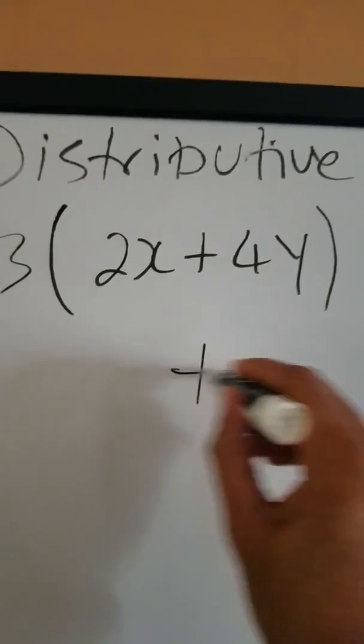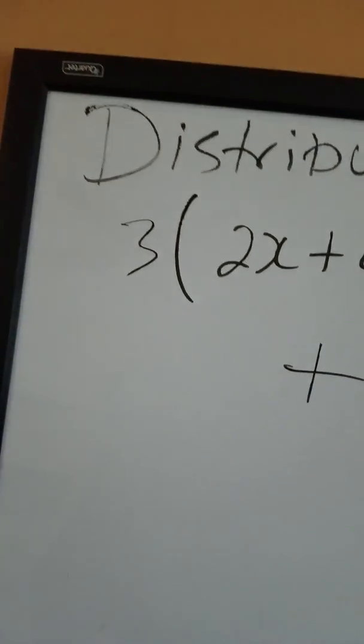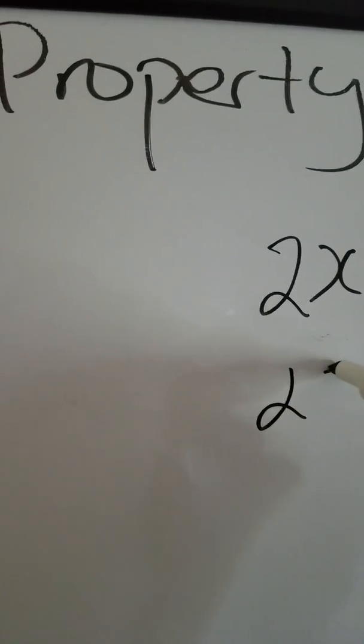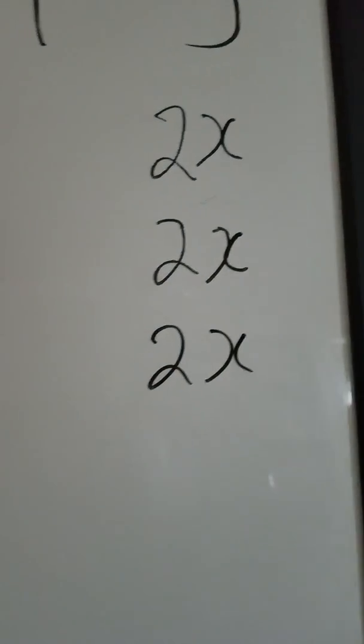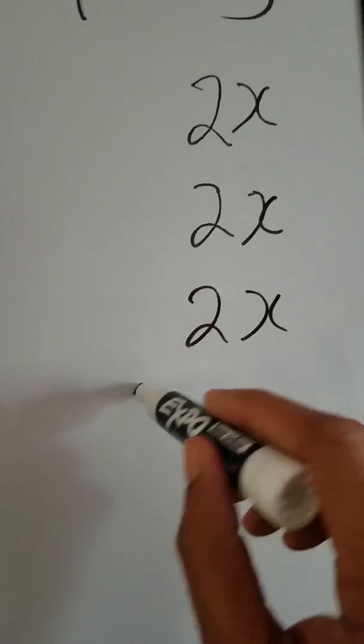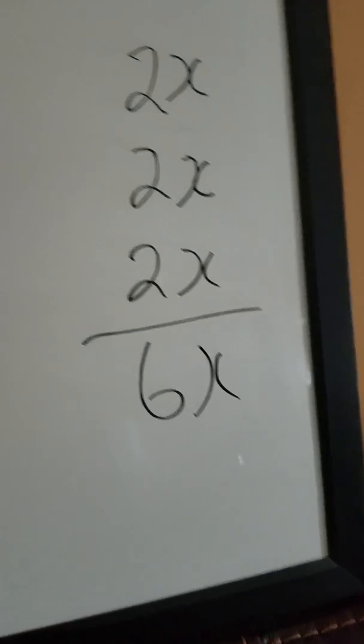Well, this means, again, I'm going to go ahead and put our plus sign back. This means 3 times 2x. That's if I was to have 2x 3 times. And if I have 2x 3 times, that means I have 6 x's.